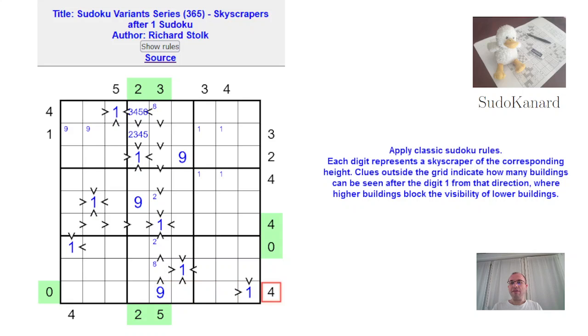Oh, I've been missing something. This 4 says that all 4 buildings here must be seen, because this 9 blocks the view from all others in the row. So we can add a few more symbols, a few more inequality signs.